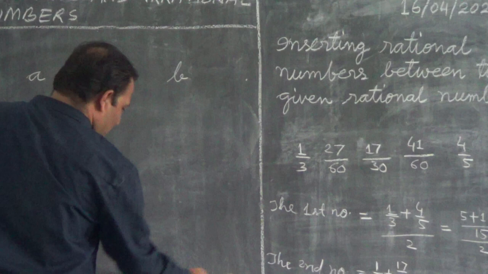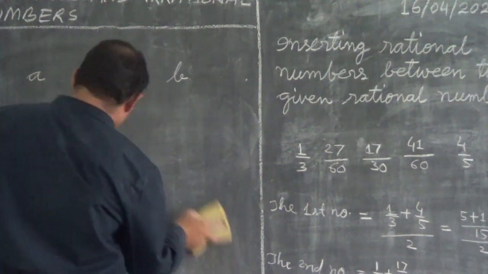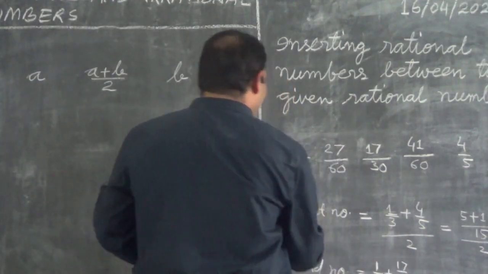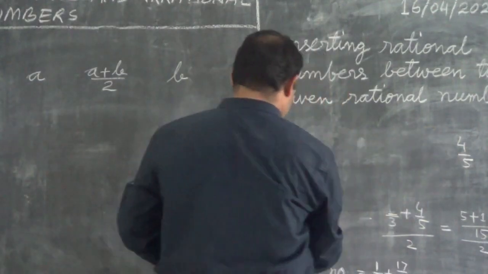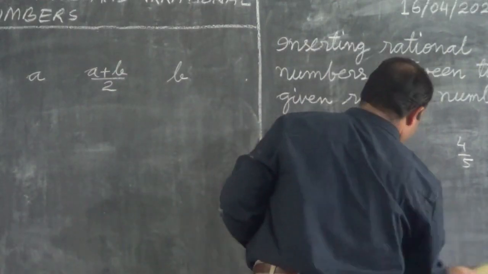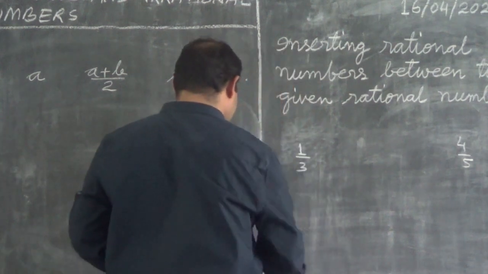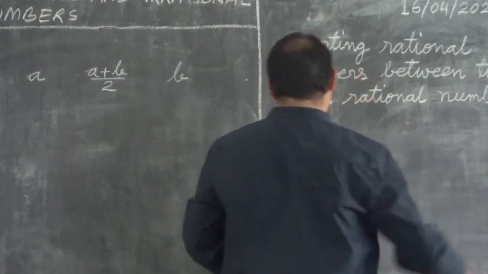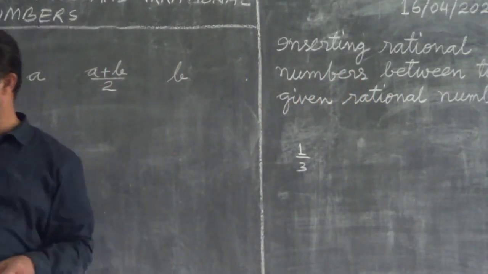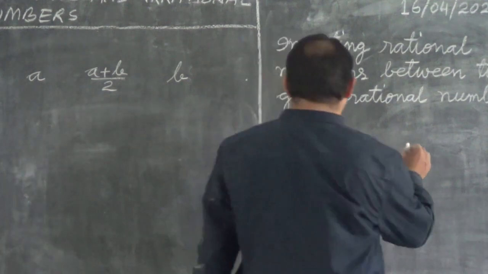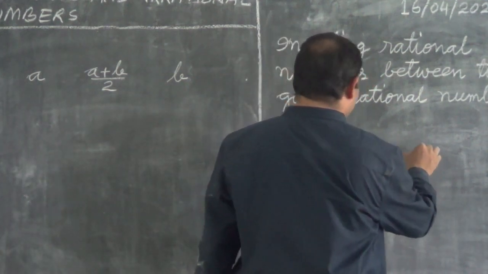Then I will tell you another method, if we need to insert many rational numbers between two given rational numbers. So I will take first a special case where I am going to insert 5 rational numbers between 1 by 3 and 2 by 3.